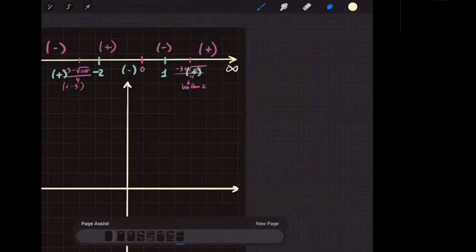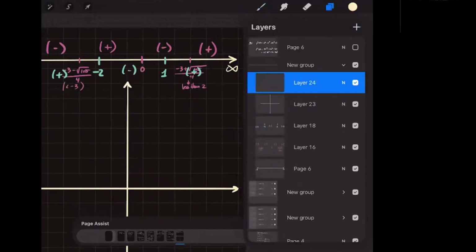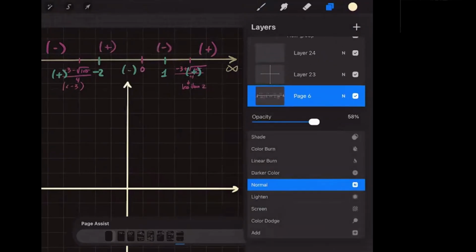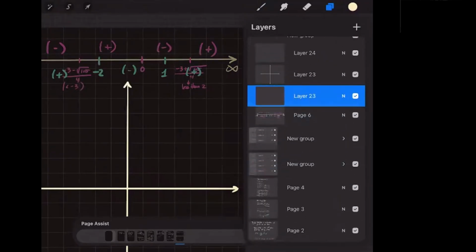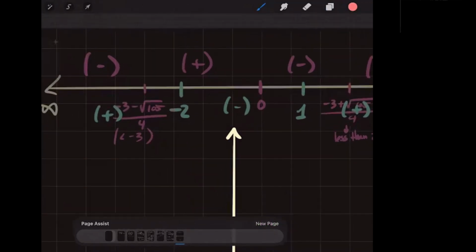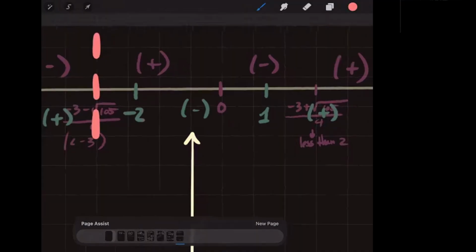Okay, ready? Here's what you're gonna want. So I'm gonna do that so it's not as glaring. So what you're gonna want is you want to separate your graph into all the parts, into pieces that your critical points and points of inflection naturally separate it into, okay?